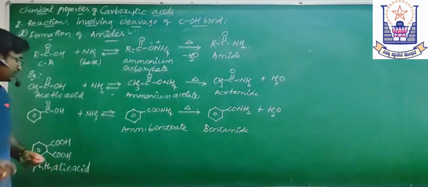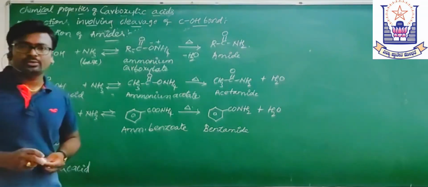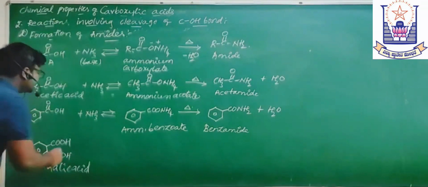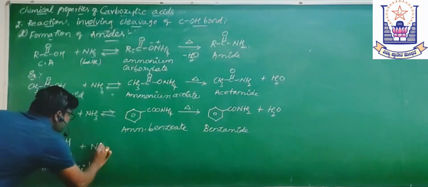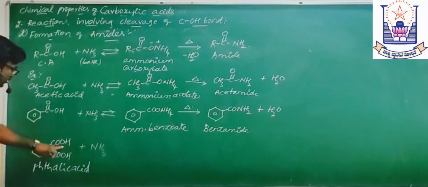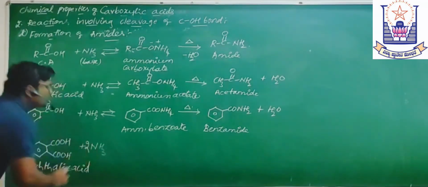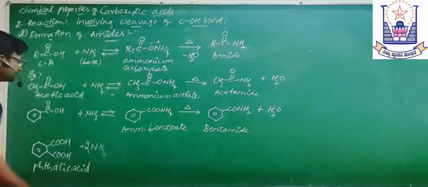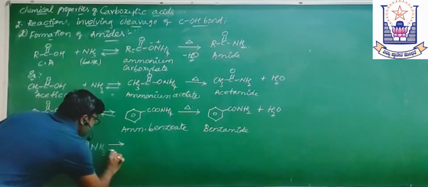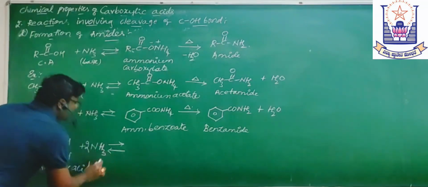The IUPAC name is benzene-1,2-dicarboxylic acid. Now, when this is heated with ammonia, how many moles of ammonia do you require? 2 carboxyl groups are there, no? That's why you require 2 moles of ammonia.